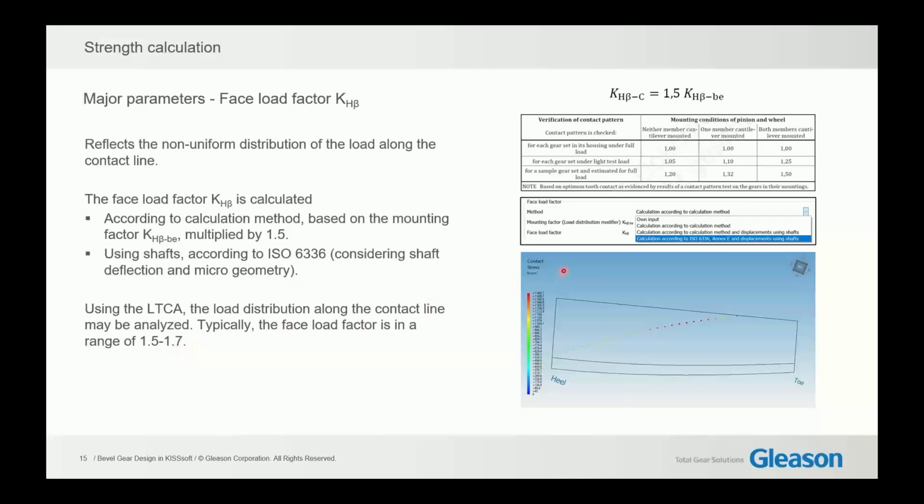What KISSsoft in addition added is the calculation using the NXE method from ISO 6336, which I used just before in the system calculation. This allows a load-dependent KH beta value, and we can also calculate the load-dependent misalignment values.